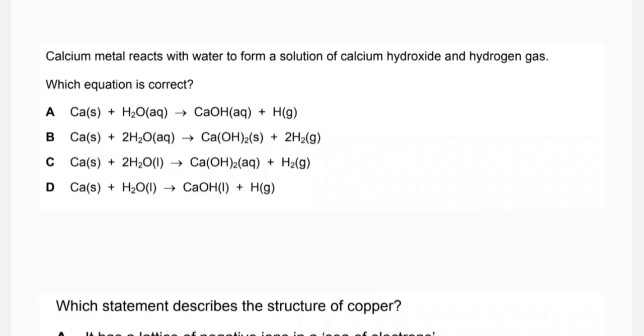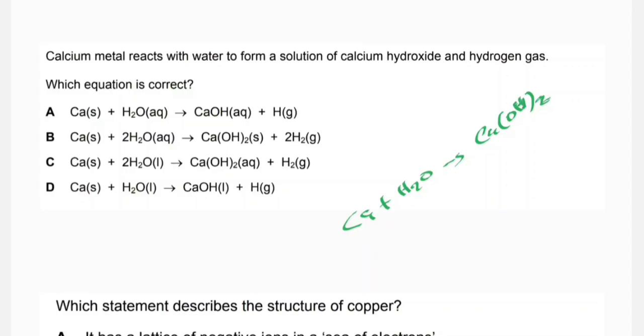Calcium metal reacts with water to form a solution of calcium hydroxide and hydrogen gas. Which equation is correct? So it's again balancing equations. So calcium metal plus H2O gives calcium hydroxide.